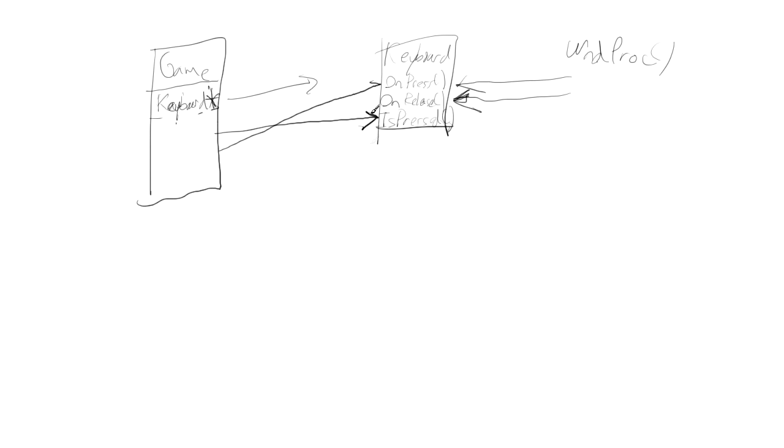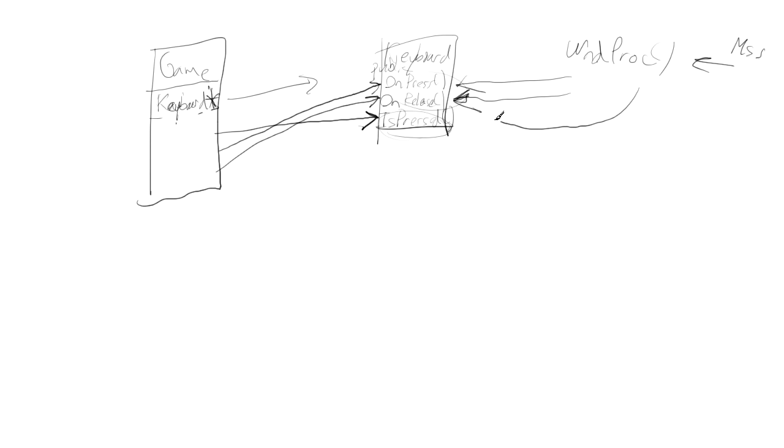Now, with this layout here, basically all of these functions have to be public, because the Windows procedure has to access this stuff here and the game has to access this stuff here. But the game could end up accessing these functions, which doesn't make any sense, because the flow of information is: there's a message, it goes to the Windows procedure.